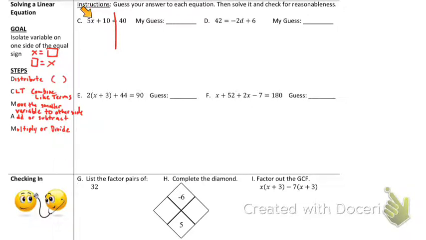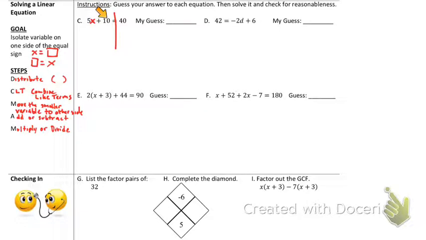And now we're going to start isolating our variable. So to start isolating, our goal is to get x all by itself. To do that, the first thing we're looking for is anything that is adding or subtracting where my x is. So if you look at 5, 5 is actually multiplying our x, so it's not adding or subtracting. And then we look at this number. 10 is actually adding to my x. So I need to get rid of the 10 first.